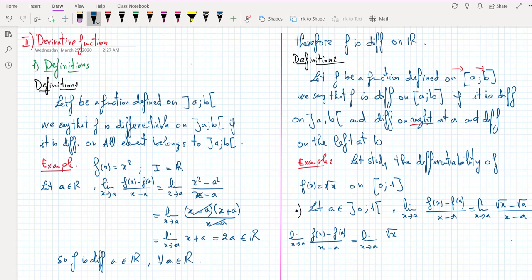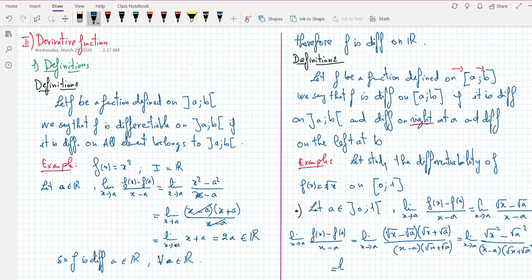So we need to multiply root x minus root a by root x plus root a over x minus a times root x plus root a, which equals limit x tends to a of root x squared minus root a squared over x minus a times root x plus root a.